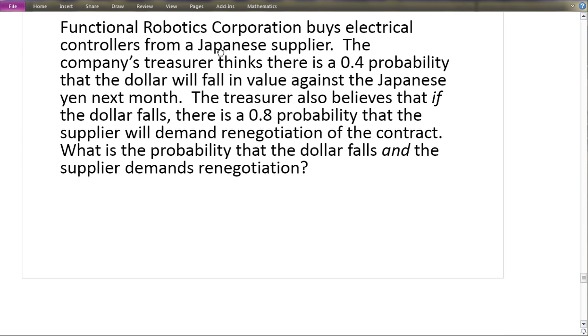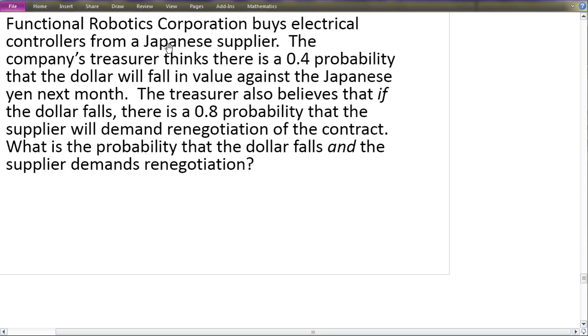A lot of this, though, is just going to be plugging stuff straight into the formulas that we got. So what was that formula? It was this. Hopefully you have it from above. Probability of A and B equals the probability of B times the probability of A given B.